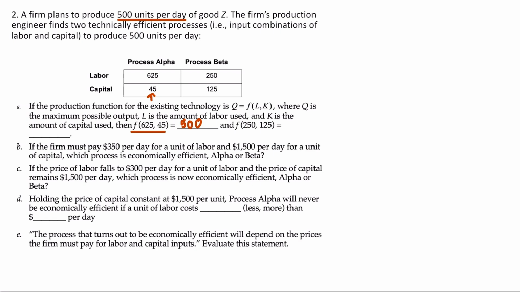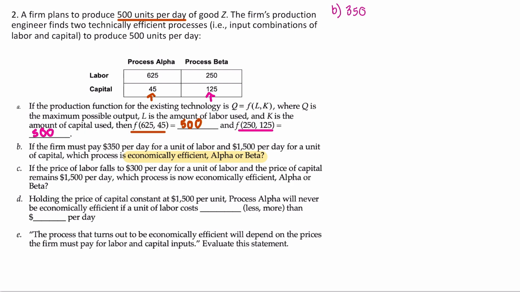And this combination is coming from this, and it will also produce 500 units of output. If the firm must pay $350 per day for a unit of labor and $1,500 per day for a unit of capital, which process is economically efficient? So which process will minimize your costs, alpha or beta?